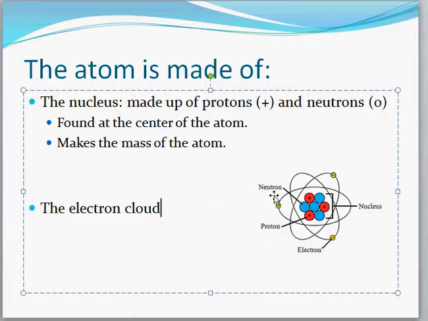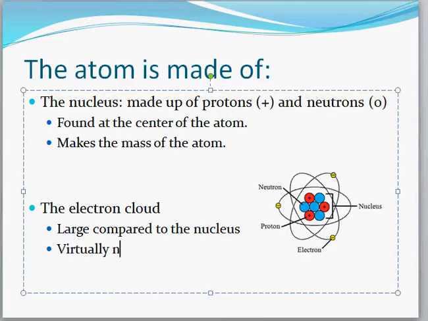The electron cloud, on the other hand, is quite large compared to the nucleus. It takes up a lot more space, but there is virtually no mass. The electrons are extremely tiny.